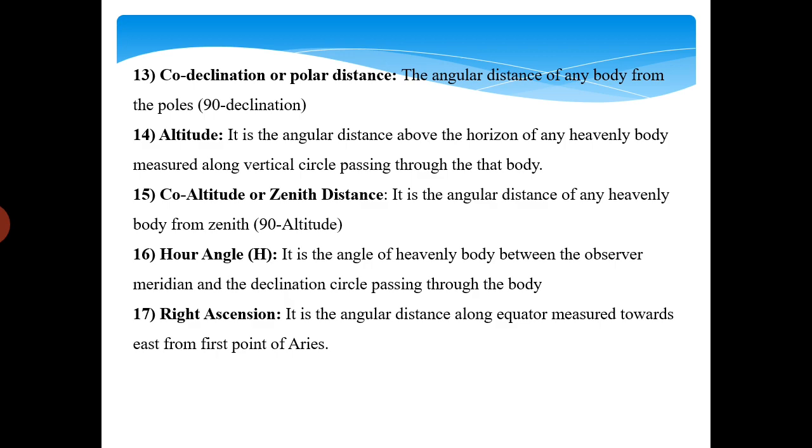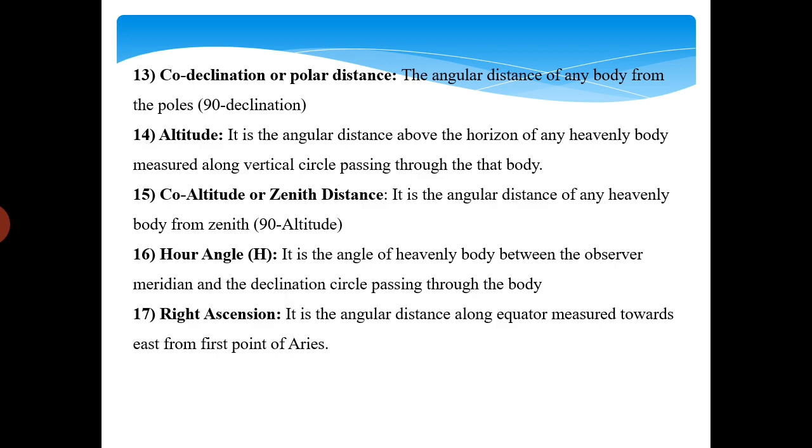Altitude is the angular distance above the horizon of any heavenly body, measured along the vertical circle passing through that body. Altitude is measured from the horizon, and the horizon is the great circle perpendicular to the zenith and nadir. So altitude is measured from the horizon along the vertical circle passing through that body.